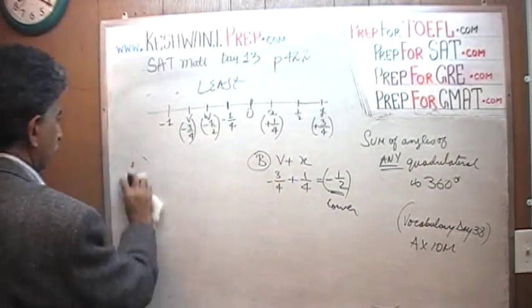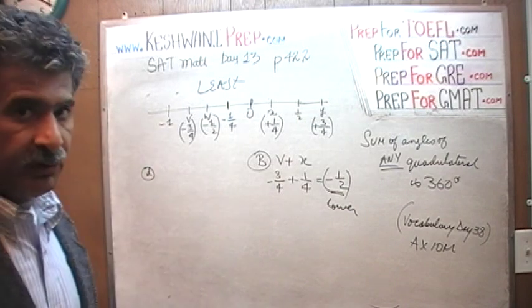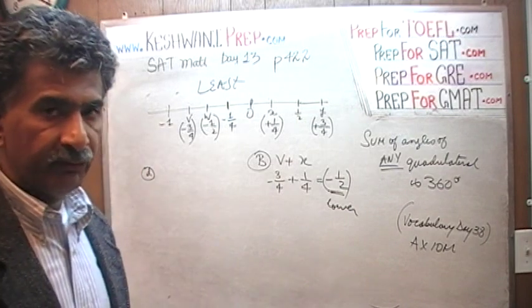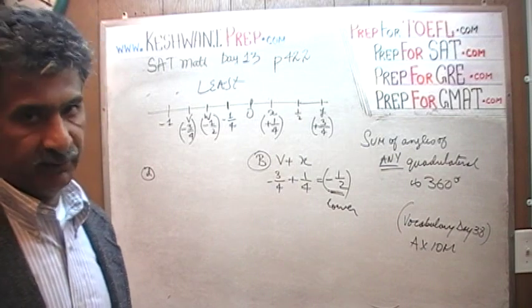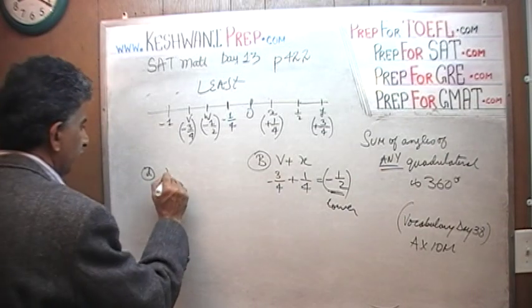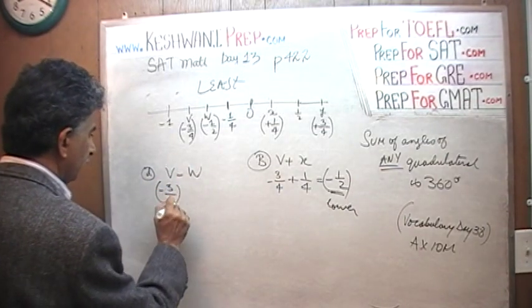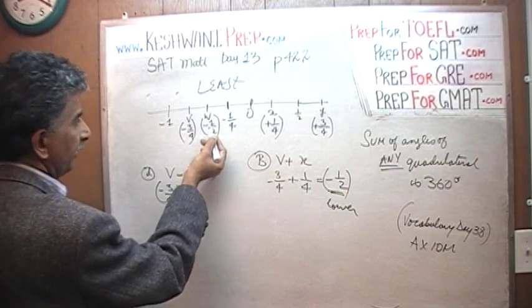Let's continue then. What does D say? As I told you already, the only reason you will get this question wrong at this point is sheer carelessness or laziness, one or the other. You cannot afford to be either. Take your time. V minus W. -3/4 minus W. This is where it gets tricky. You have to pay attention.